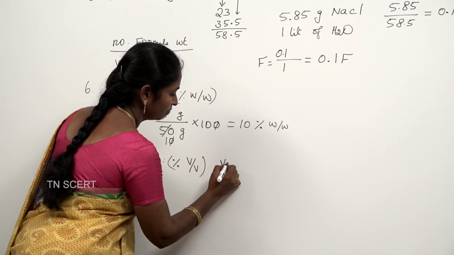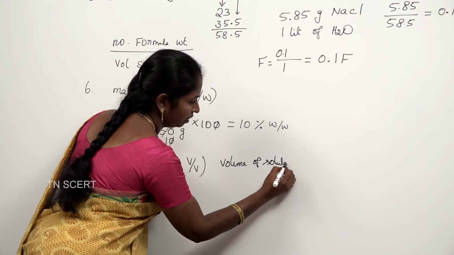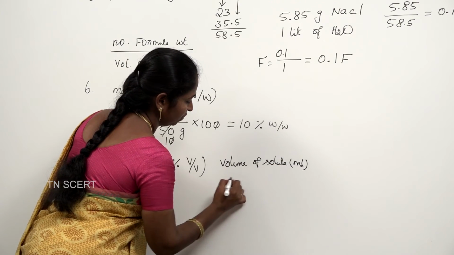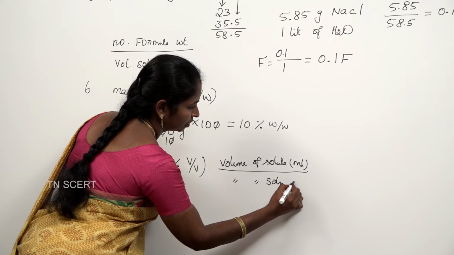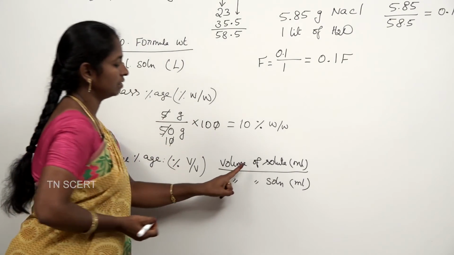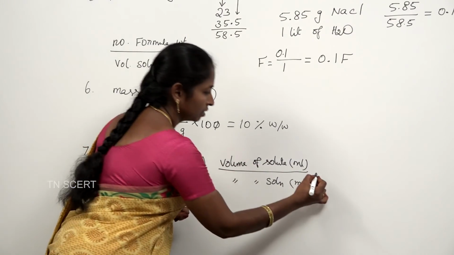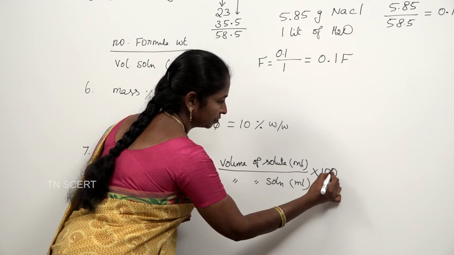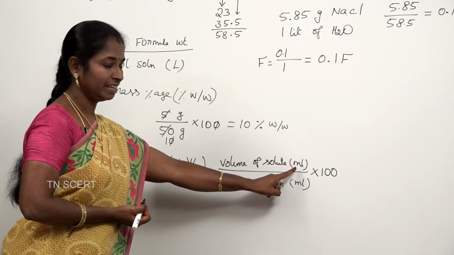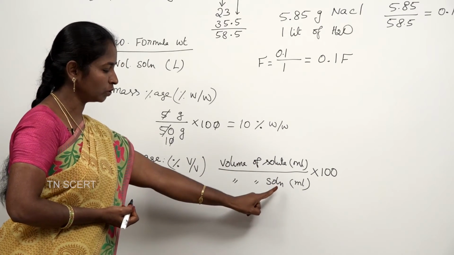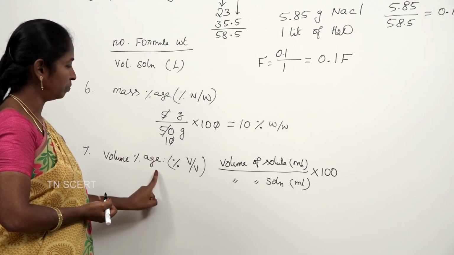So, volume of solute should be in milliliter as well as volume of solution in milliliter. This is the formula to calculate volume percentage. Here it should be multiplied by 100 to calculate percentage. So, volume of solute in ml divided by volume of solution in ml into 100 will give you volume percentage.